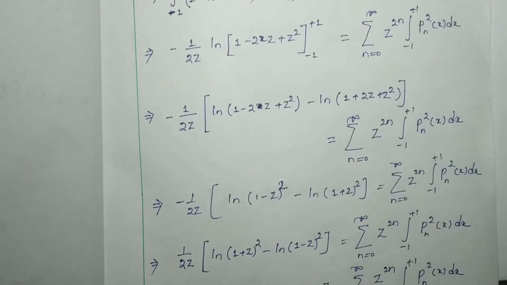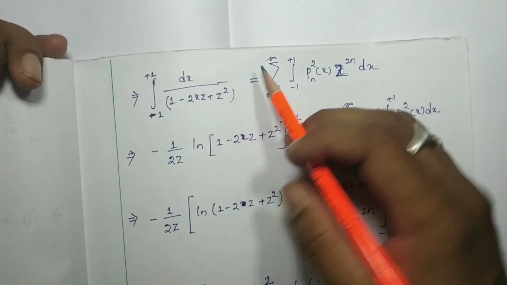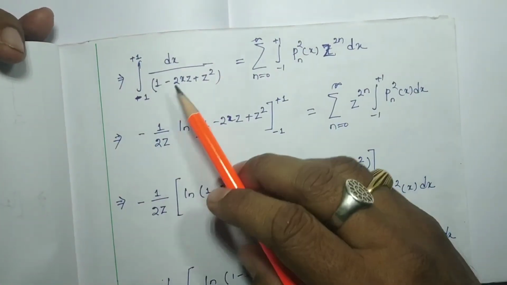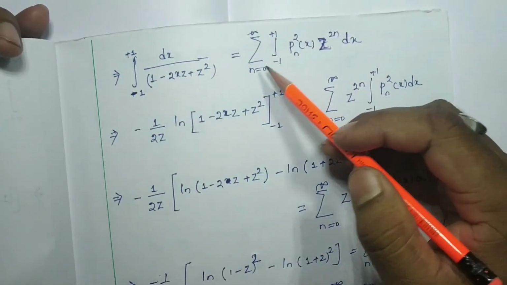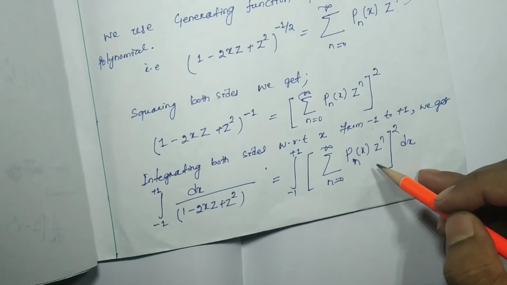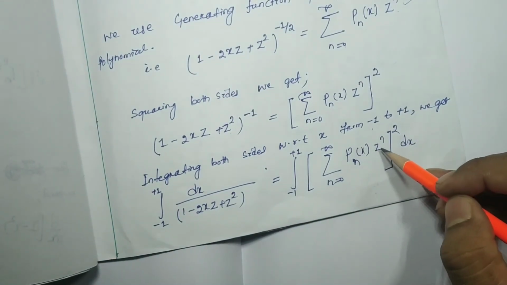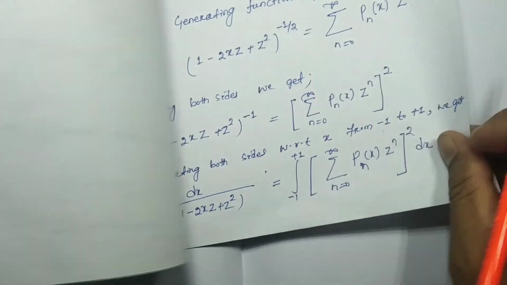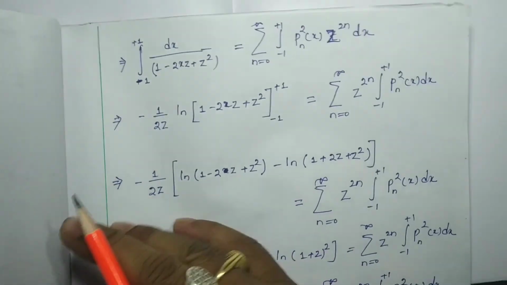The same thing I have written here for my easy explanation in this page, that dx by this much, summation over 0 to infinity, and here whole square. See, this square means it will be pn square x, and this will be z to the power 2n dx. Same thing I have written over here.